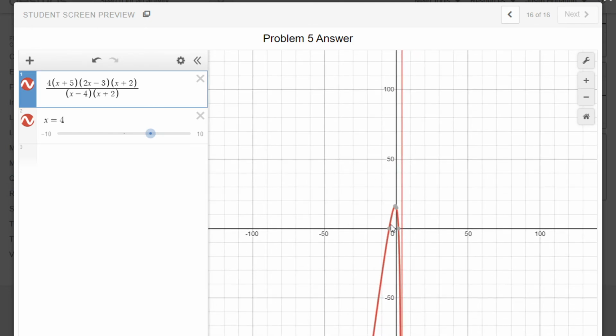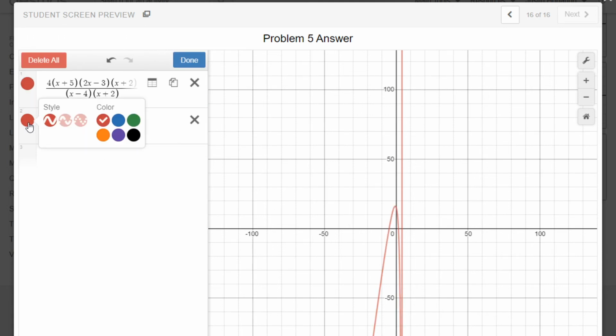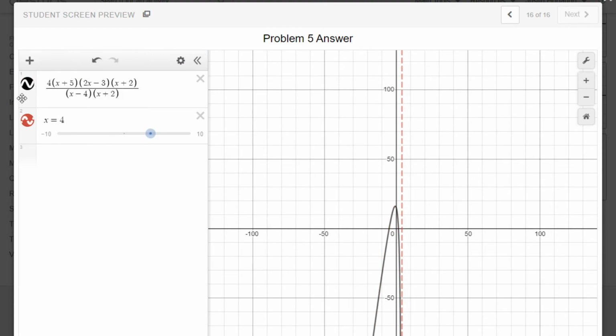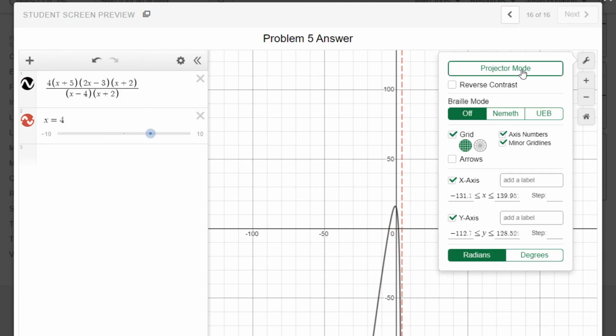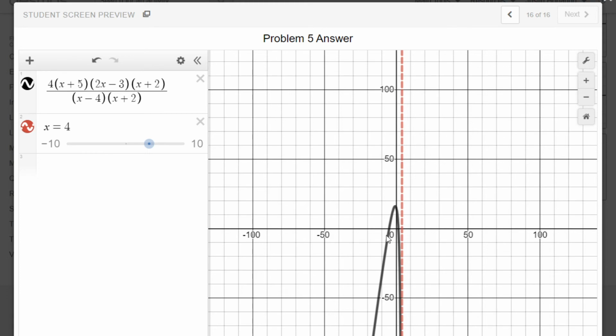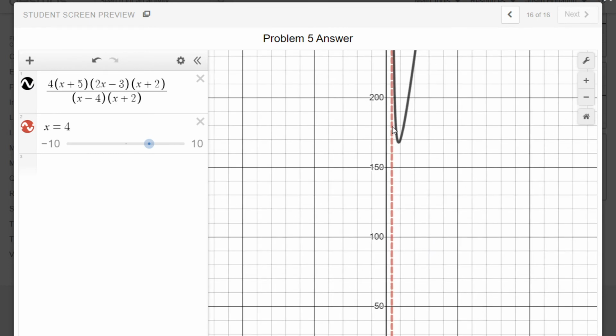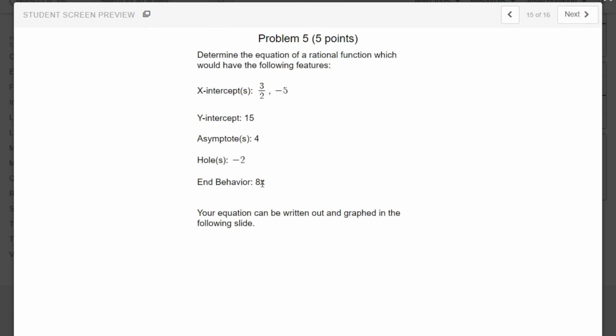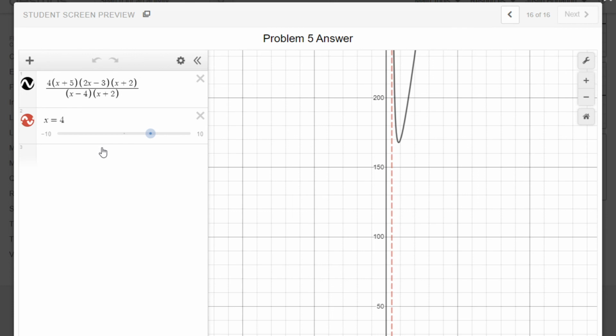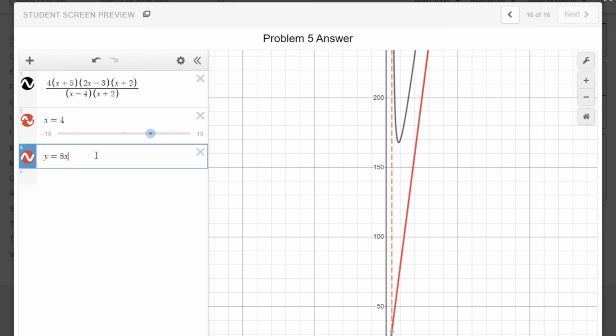You can see here, let me change the color on this guy. Let me go into projector mode as well. Do you see how this function is going down towards negative infinity at x equals 4, and over on the right-hand side it's going up towards infinity at x equals 4? And then finally, looking at end behavior, it was supposed to have an end behavior of 8x. Let's look at where y equals 8x is.